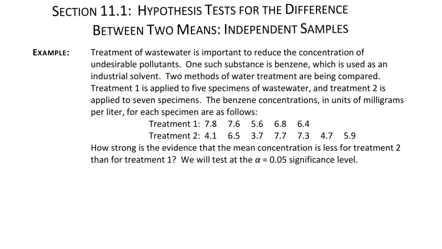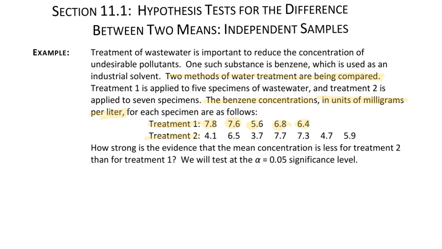In this example, two methods of water treatment are being compared. So benzene concentration in units of milligrams per liter for each specimen are as follows. In treatment 1, there are 5 specimens and benzene concentration is given.